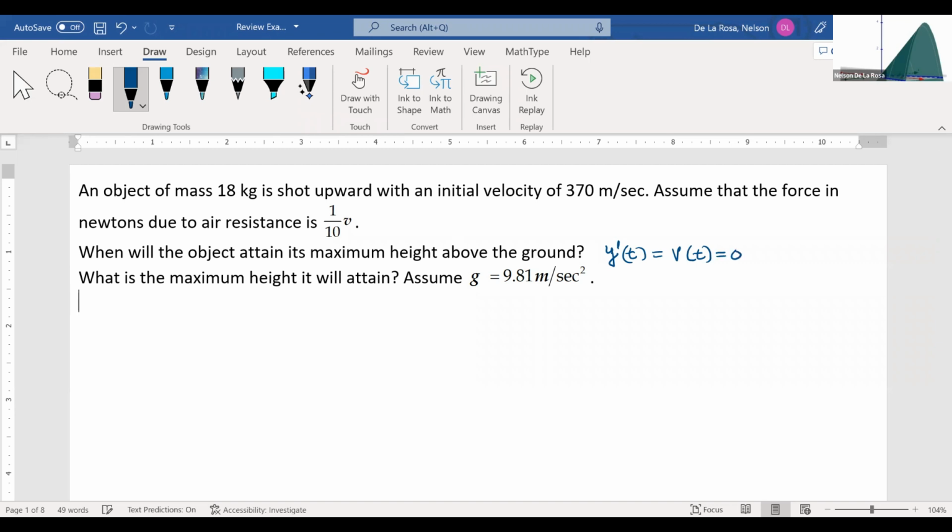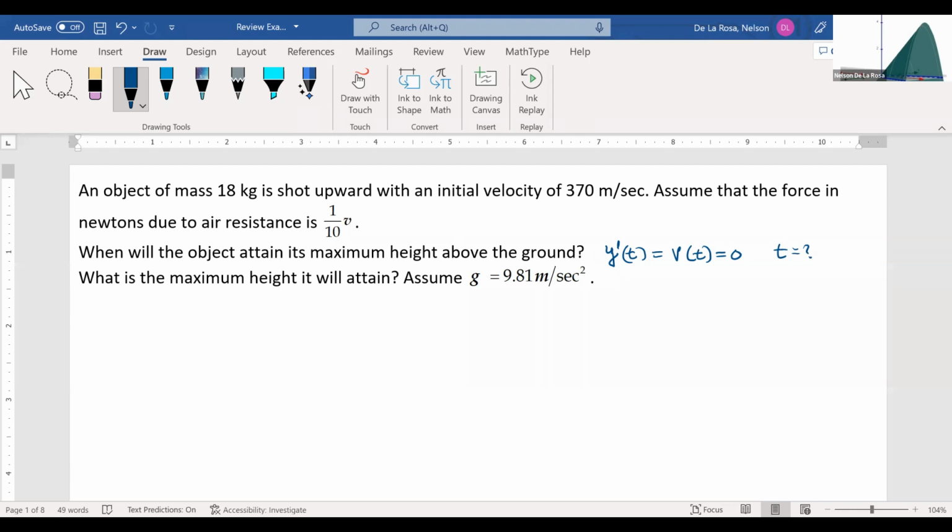In the same way, in the second question, we have to find the maximum height it will attain. Well, in the first problem, we have to find when. When means at what time the velocity will be equal to 0.